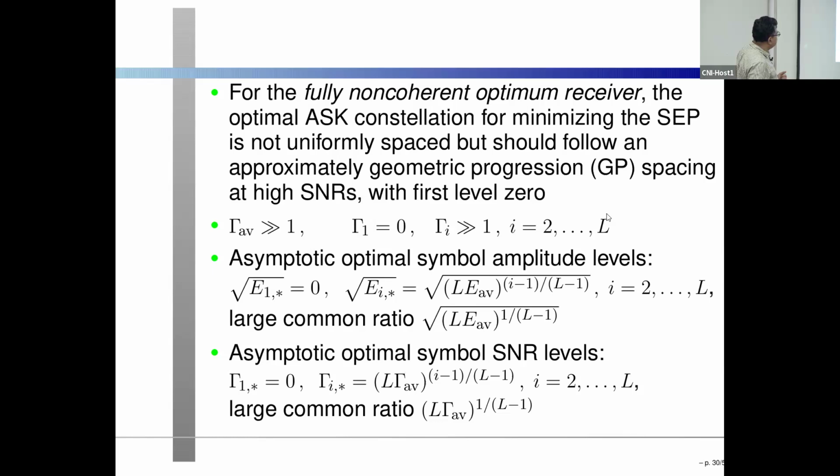It's not a problem. The first level is 0. So the ratio can be easily obtained. Okay. Now, this is the common ratio actually in terms of E average. But it will be in GP. That's the most important result.